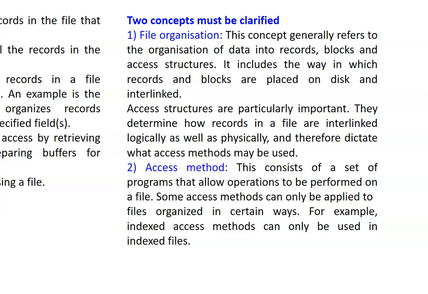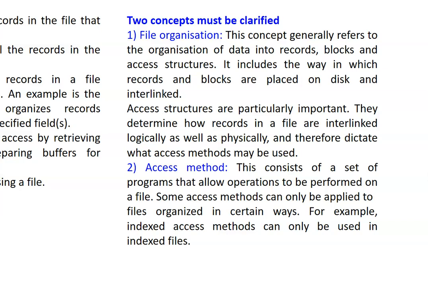So we have different access methods. An access method consists of a set of programs that allow operations to be performed on a file. We have the use of indexes, which help in accessing files or accessing records using indexed files.